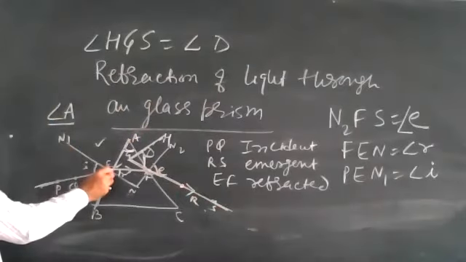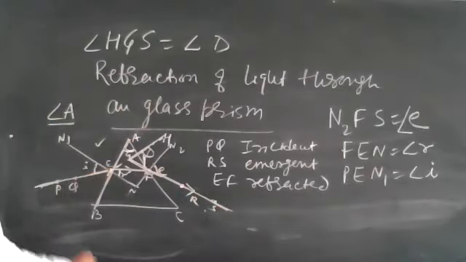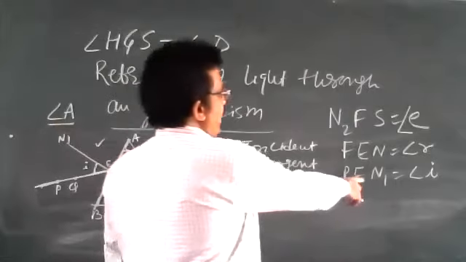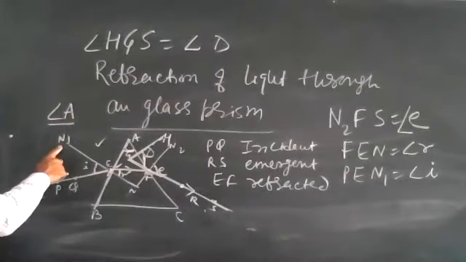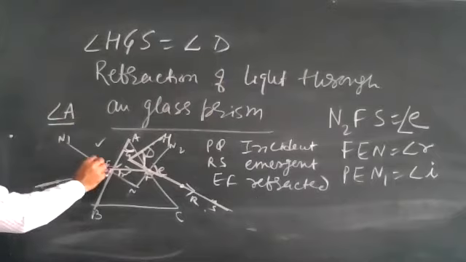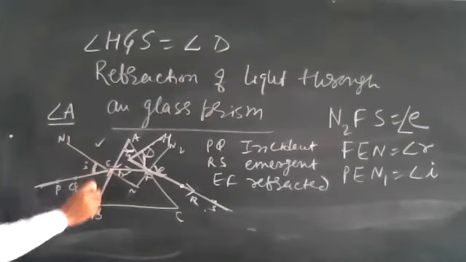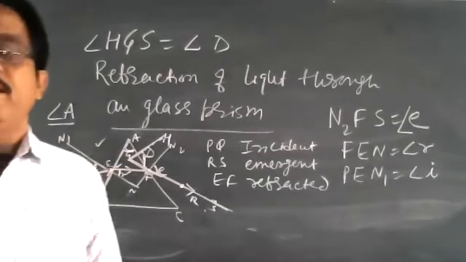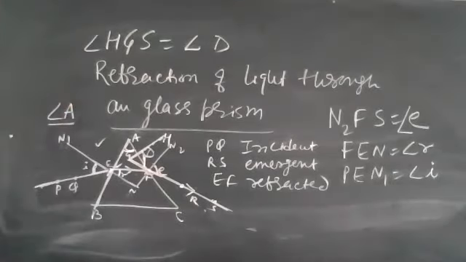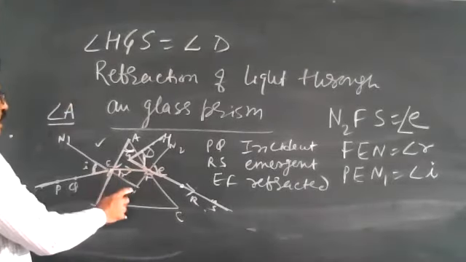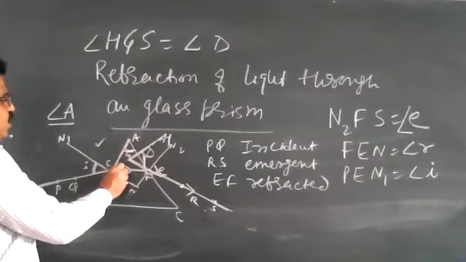Angle PEN1 is the angle of incidence. Always remember that angle should be measured from the normal only. Angle FEN is called angle of refraction.